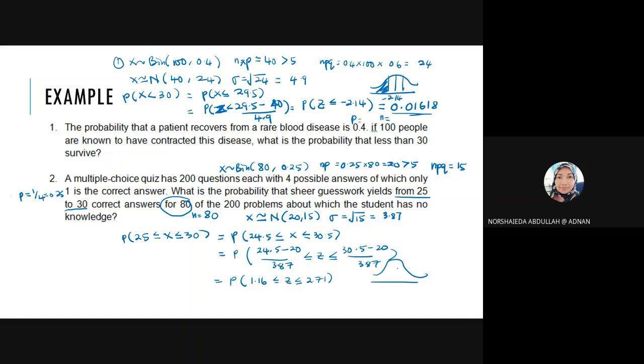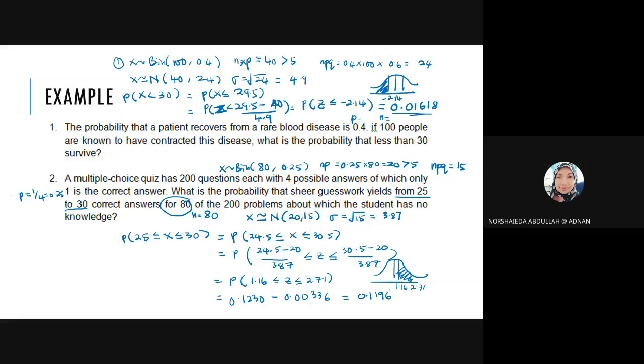Sketch the area between 1.16 and 2.71. Then use the normal distribution table. So for 1.16 we get 0.1230, minus 2.71, 0.00336. Okay, so the probability is equal to 0.1196.